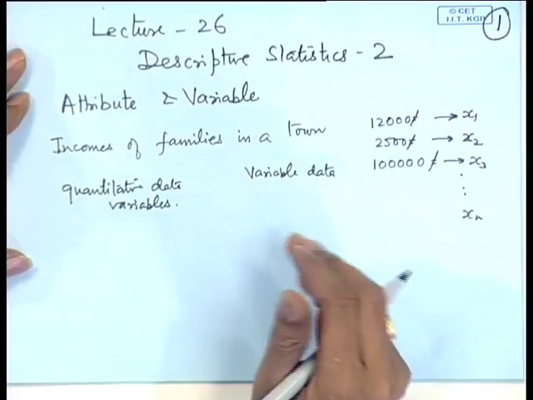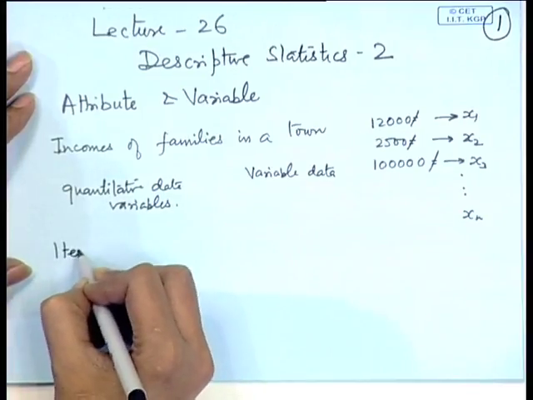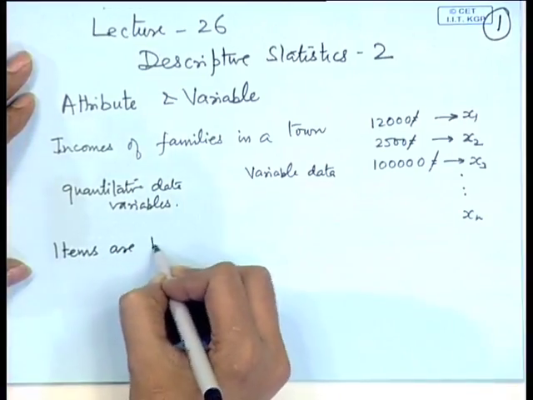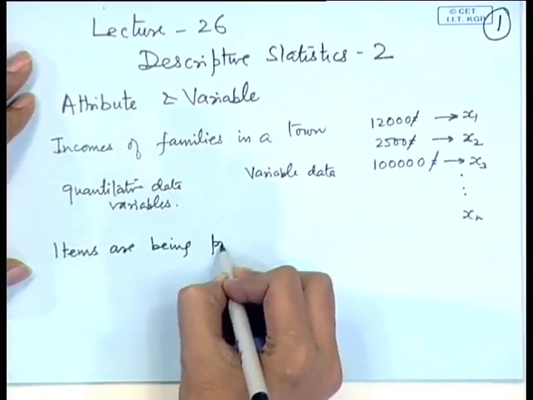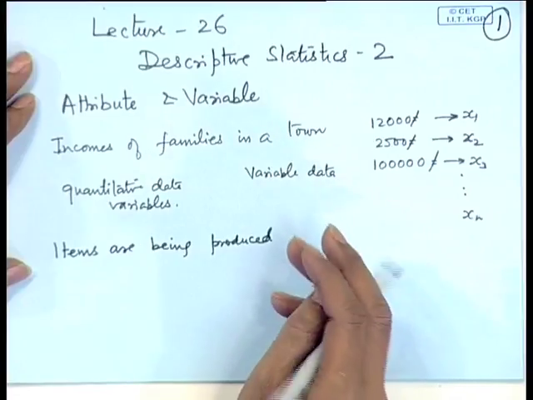But there are certain other places where the data is not recorded in the beginning as a numerical data. For example, if a manufacturing process is on and certain items are being produced, a quality control inspector measures certain characteristic of that product.